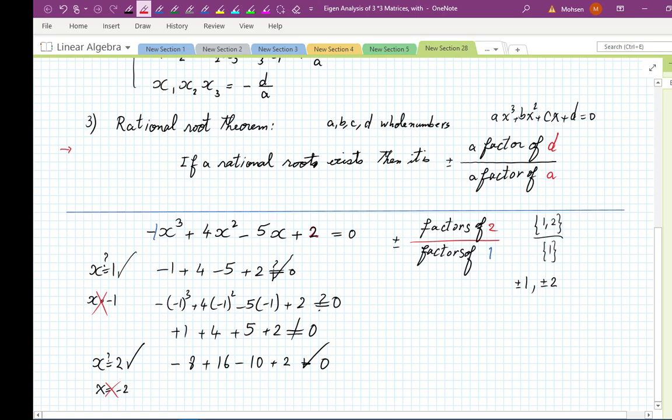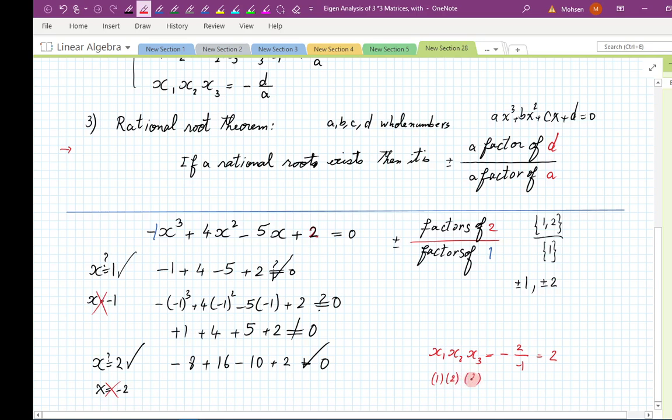Where is that? Several ways of doing it. One is you can make appeal to this one. Product of all 3 of them has to be minus this divided by that. x1, x2, x3 has to be minus this 2 over minus 1, which is just 2. Well, now I have one answer is 1, one answer is 2.